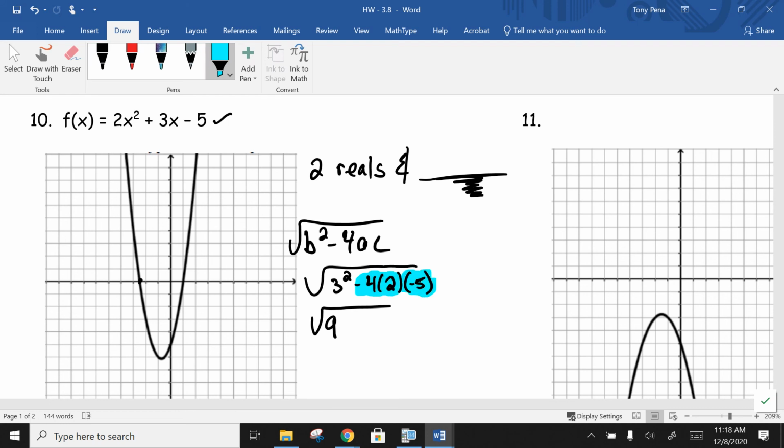A negative 8 times a negative 5 is a positive 40. So the way we can now determine if these are rational or irrational here is by looking, is this a nice, perfect square? And since it is, that means they are rational answers. That's how we could determine that by using our discriminant. Okay?